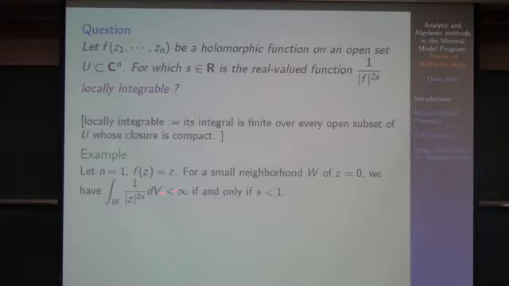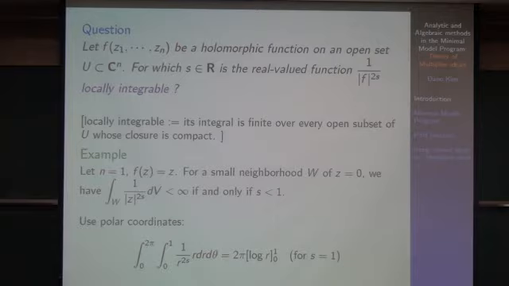So when f is 0, we want to say the function has a pole at those 0 points. So for this calculus type question, you can use polar coordinates. And when s is 1, the integral is infinite. And you can also easily show that when s is less than 1, the integral is finite.